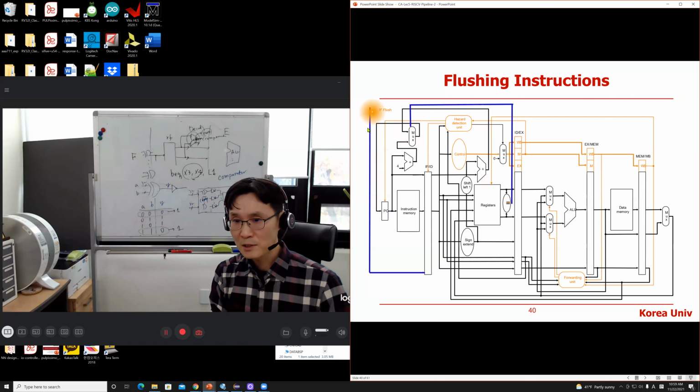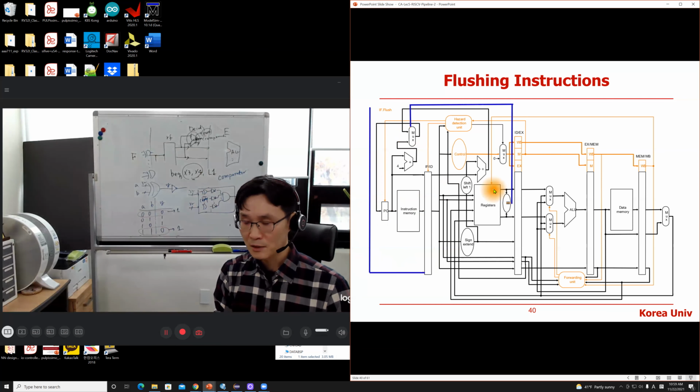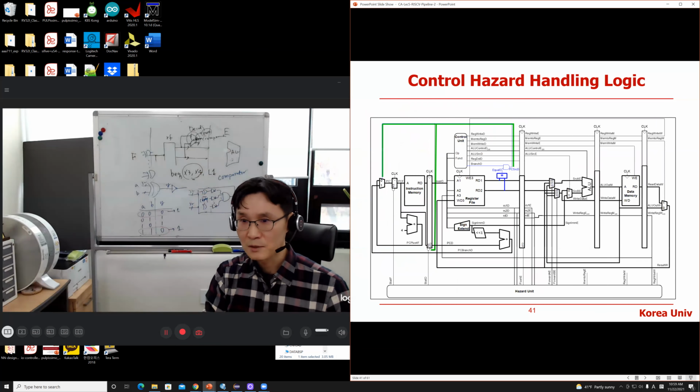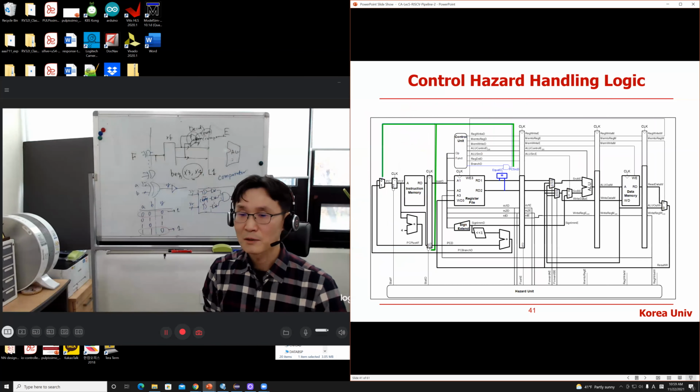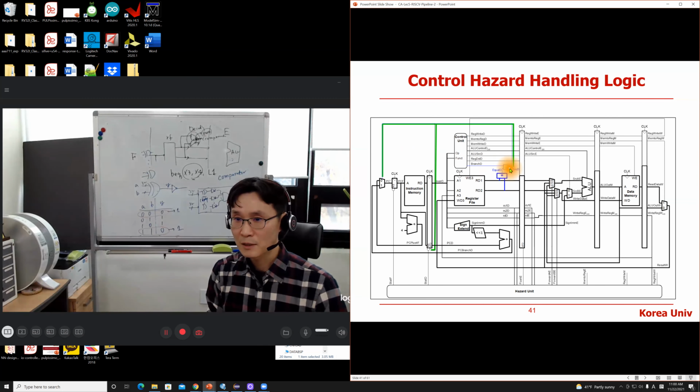Then that control signal is also controlling this pipeline register. Let me show you, this one is better probably. This comparator is providing, and also this control signal, by doing an AND operation, the taken or not taken decision essentially.